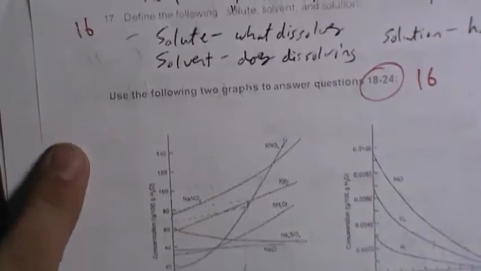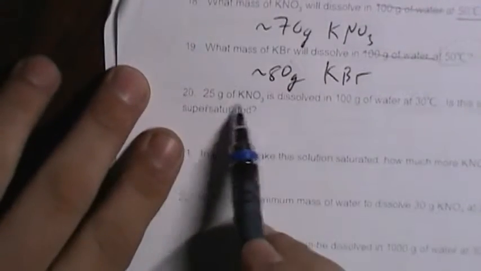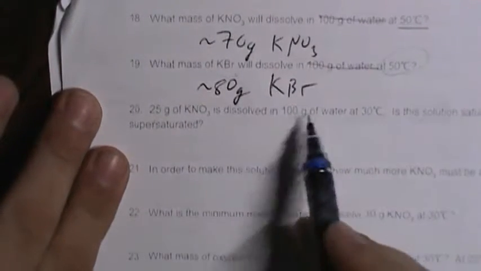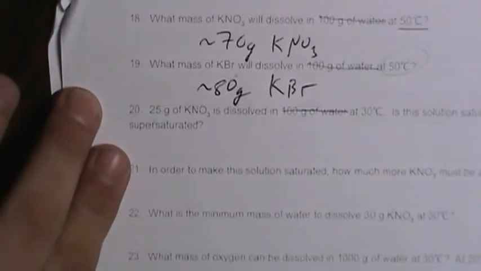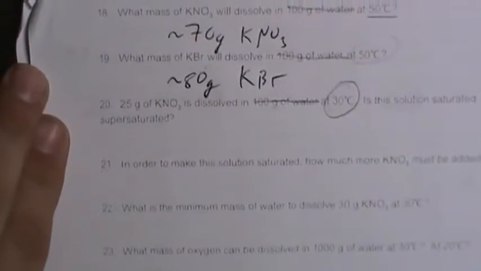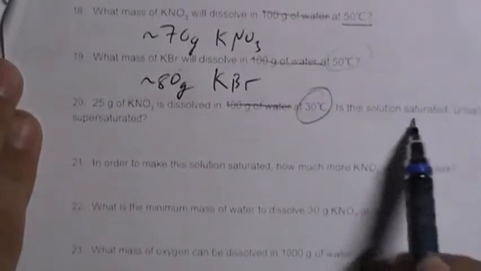Looks to be about 80 grams of potassium bromide. Alright, 25 grams of potassium nitrate is dissolved into 100 grams of water. Again, that will be extraneous because that's the units on the graph. At 30 degrees Celsius, is the solution saturated, unsaturated, or supersaturated?